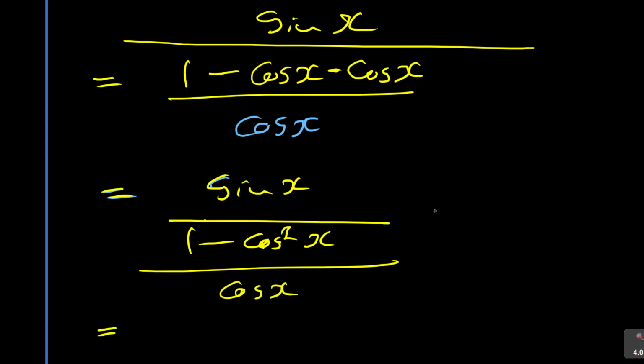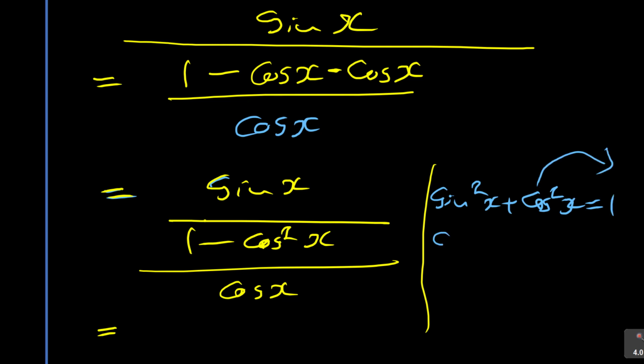Then you continue. Now remember this part: 1 minus cos squared x is back to the common identity, which says what? Sine squared x plus cos squared x is equal to 1. Then take 1 this side, cos squared, it's sine squared x is equal to 1 minus cos squared x. Are you seeing that? So that is what you are having there.